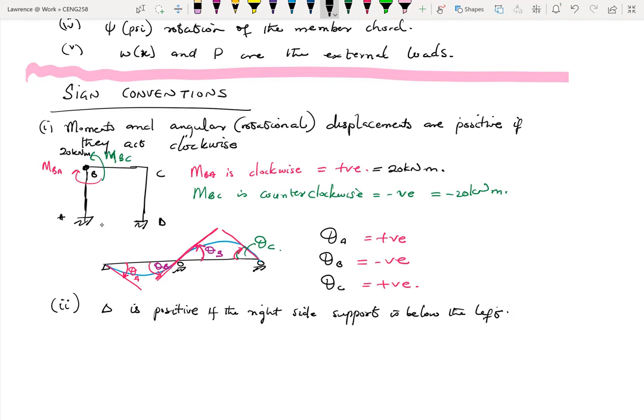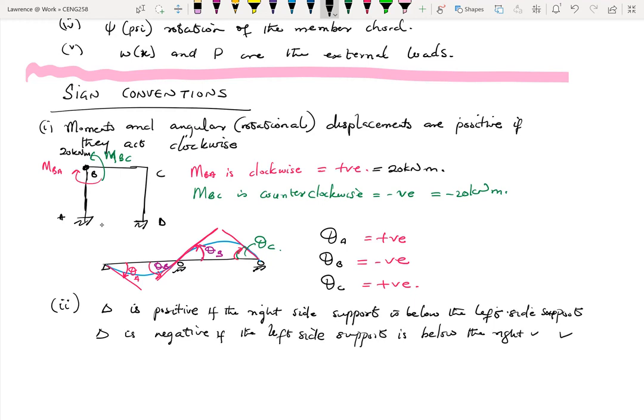And then delta is negative if the left side support is below the right side support. So let me add this, so that it becomes one complete statement. I'm going to explain how this works, and all of this information is critical.